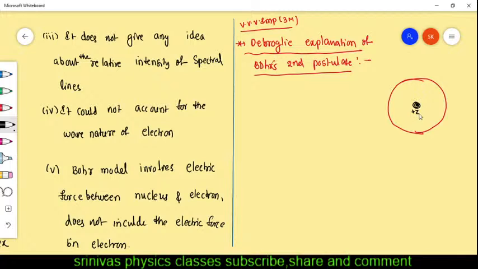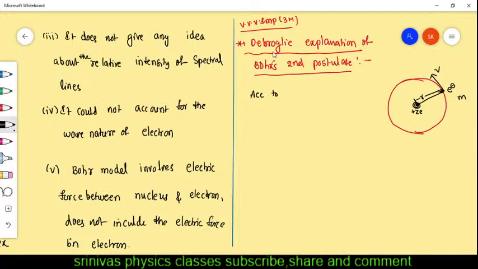Nucleus charge is plus Ze, and the radius we can consider as r. Here this is an electron, and this electron is moving with some speed. The electron mass is m, and when the electron moves here, according to de Broglie, every moving particle is associated with a wave. Is it right?